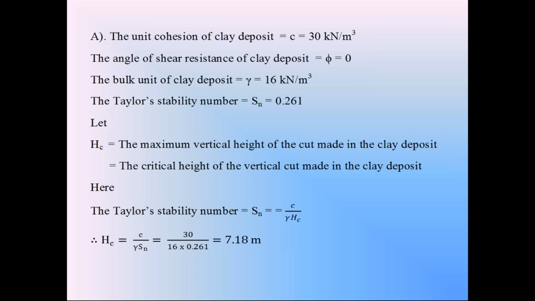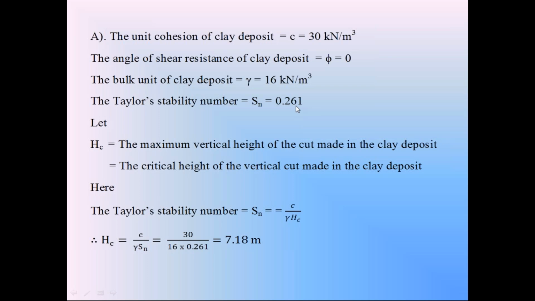But in this problem, I collected this SN value from the table, because for phi 0 degrees and angle I 90 degrees, the slope is a vertical slope. For phi equal to 0 degrees and I equal to 90 degrees, SN is equal to 0.261.